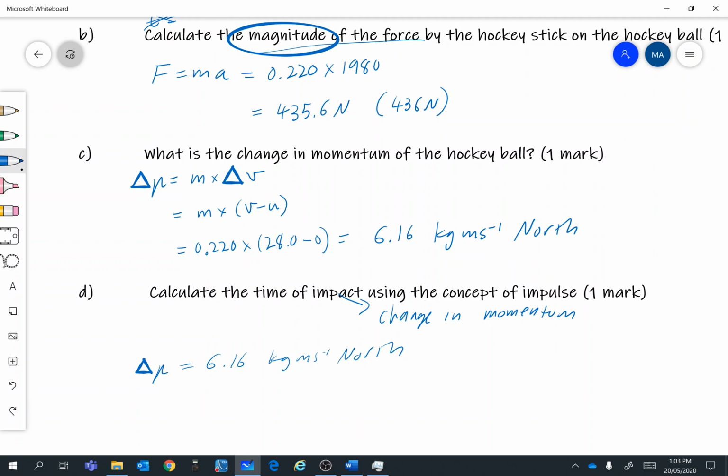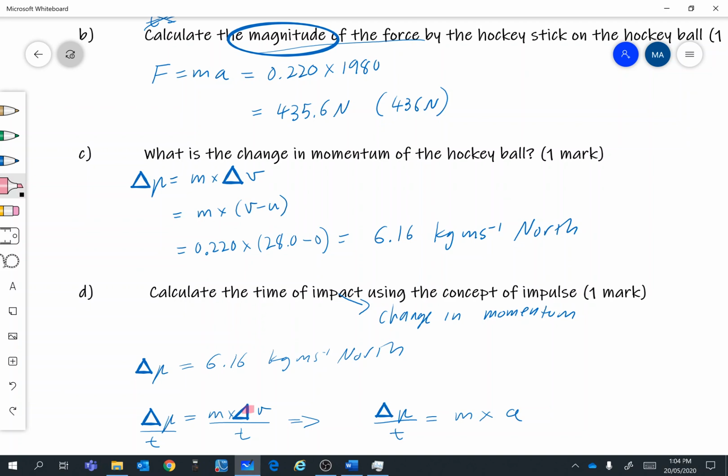Of course, we can always look at change in momentum like this: mass times change in velocity. Now we could equally say, let's divide both by time. That means we now have change in momentum over time equals mass times acceleration. Where does that come from?